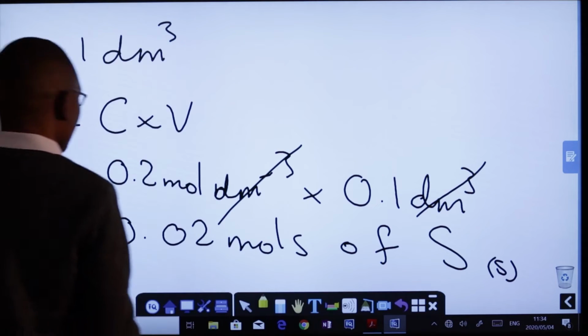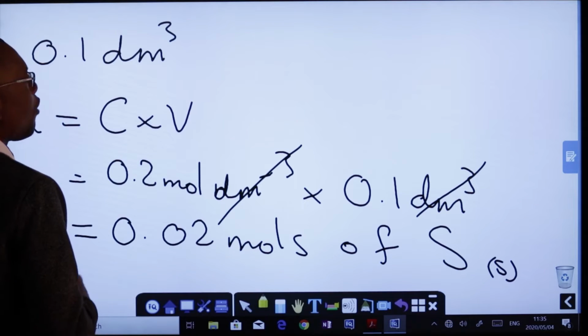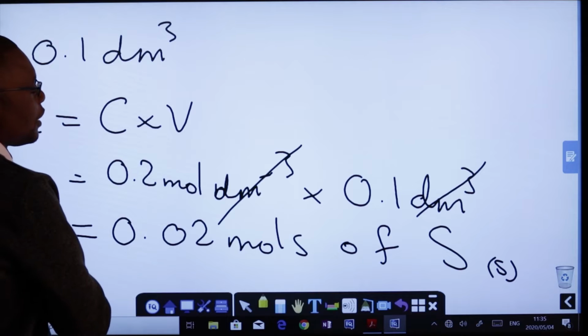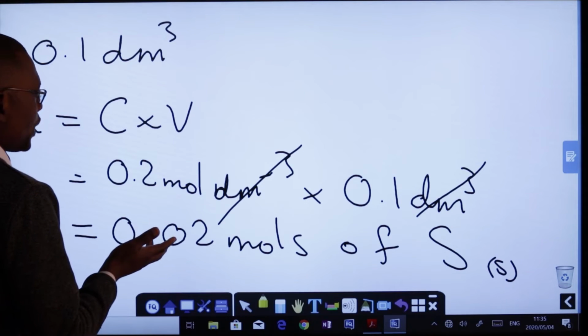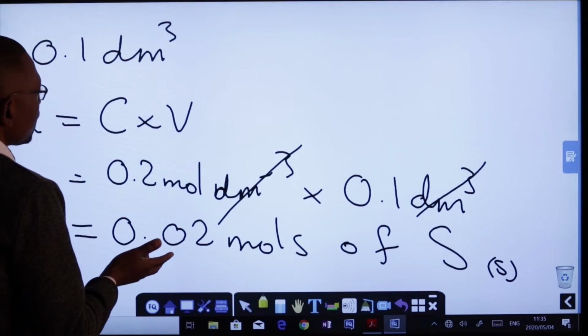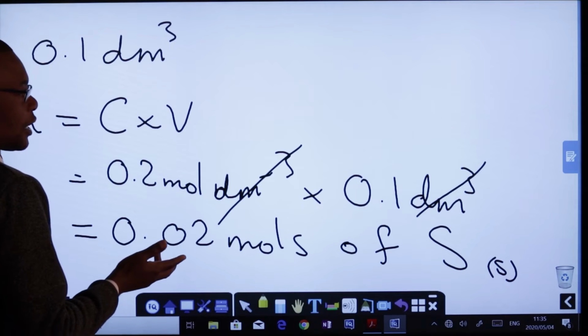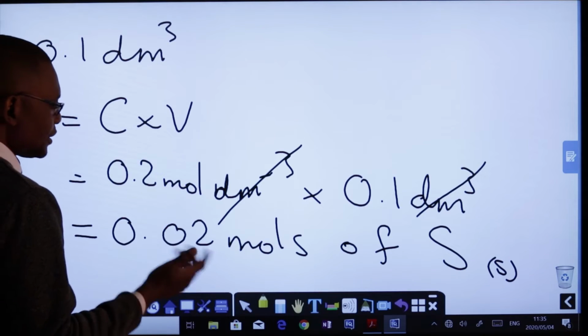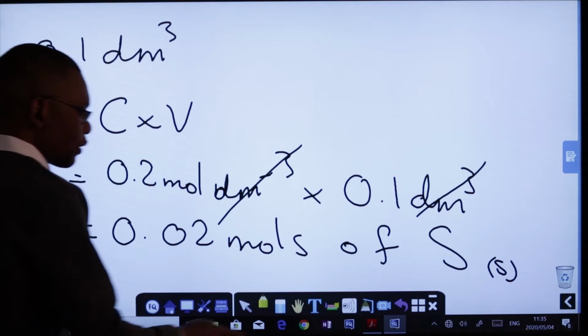So from there, we want to figure out how much of the sulfur we have. We are already told that we have got 0.18 grams of sulfur.